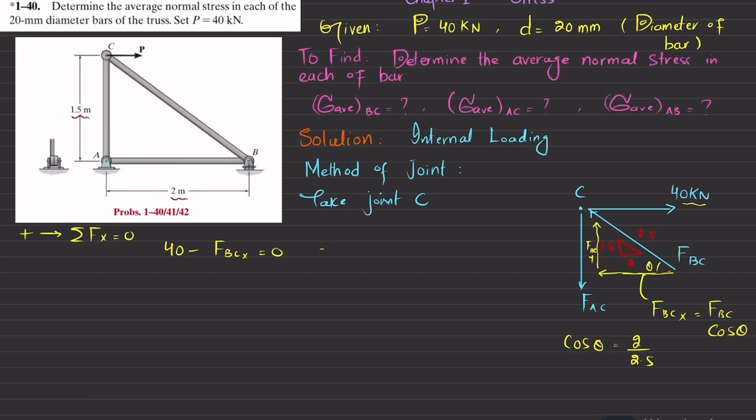So 40 minus FBC into 2 divided by 2.5 is equal to 0. From here you will get FBC equal to 50 kilonewton, and the value is positive.